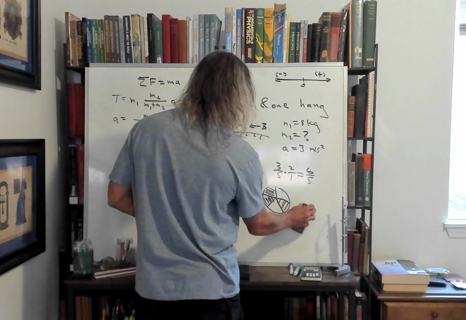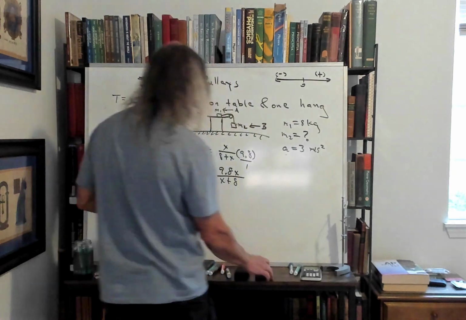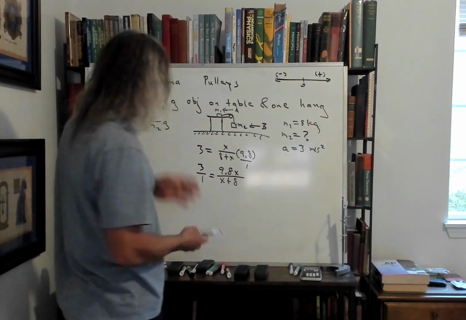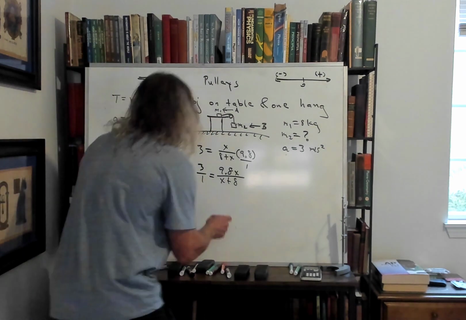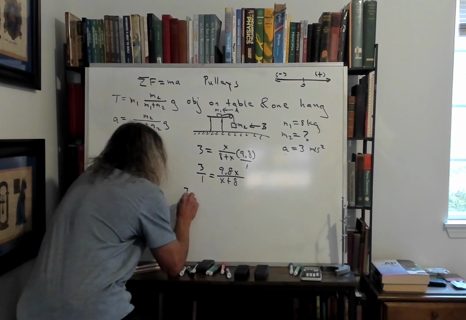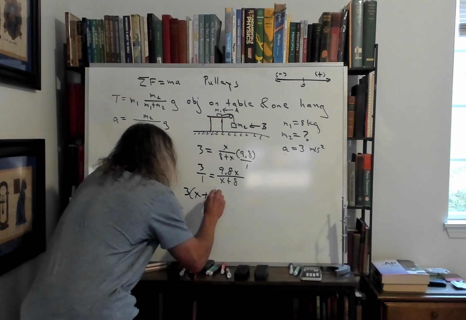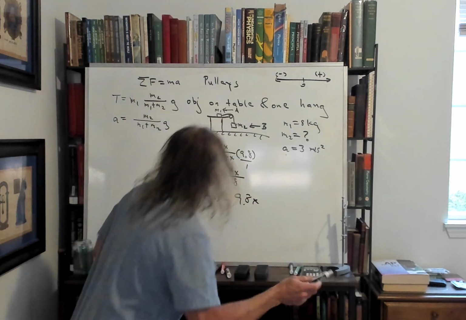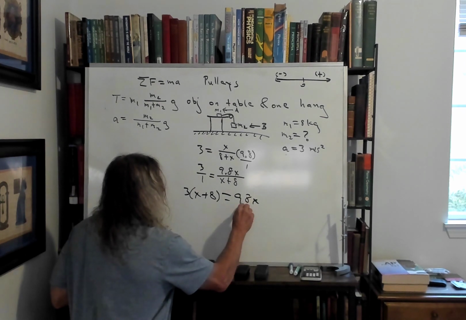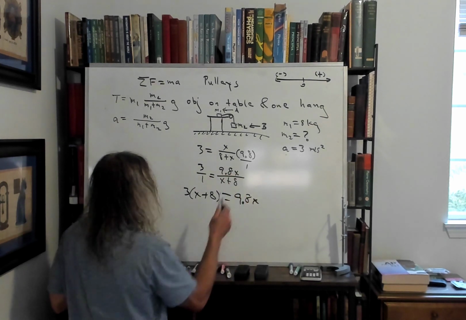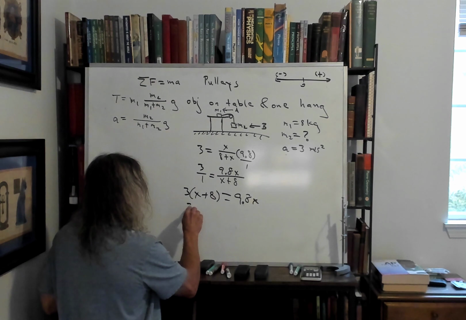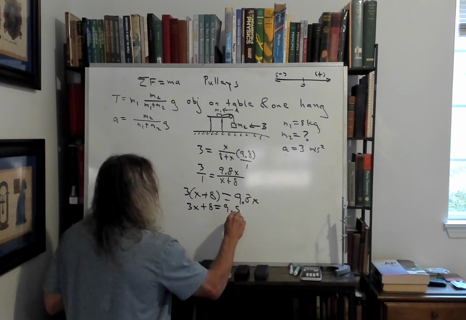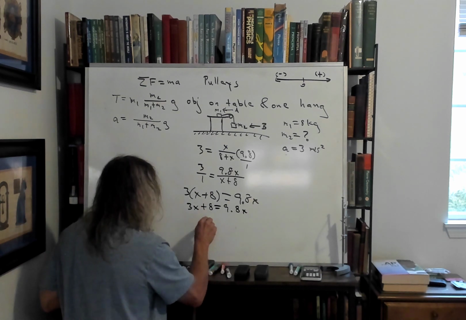So, likewise, if we multiply by 9.8, multiply the top only, please. Now we cross multiply, bottom times top, bottom times top. Then distribute, subtract 3x.